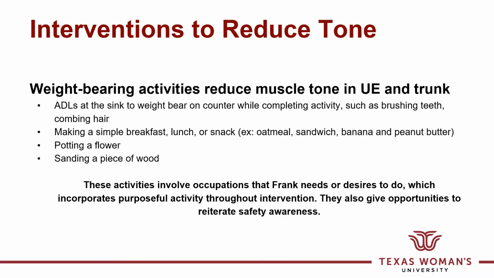So some interventions we will do with Frank to reduce his tone, we kind of touched on it earlier, were the weight-bearing activities to reduce that tone in the left upper extremity as well as his trunk.